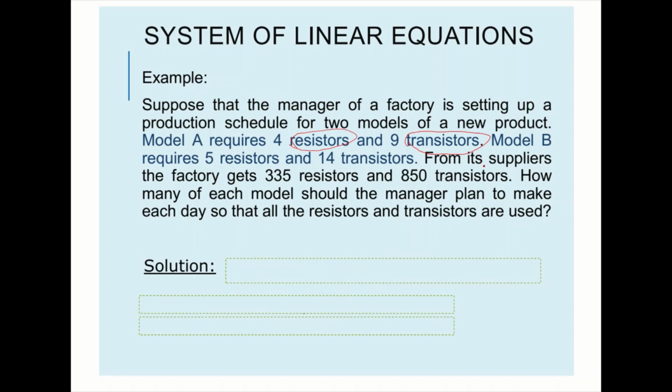From its suppliers, the factory gets 335 resistors and 850 transistors. How many of each model should the manager plan to make each day so that all the resistors and transistors are used? Do you understand the question?